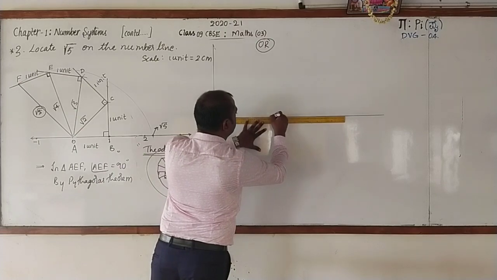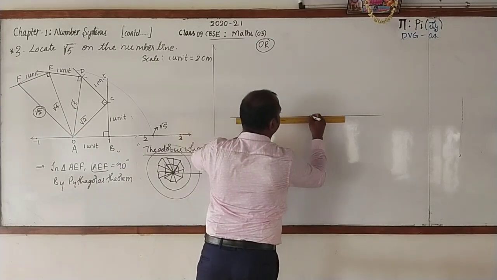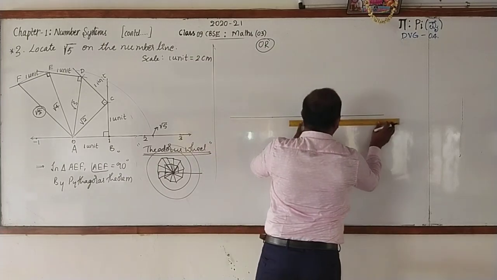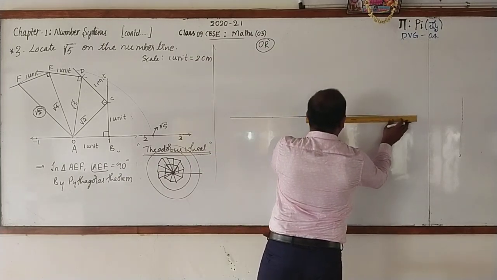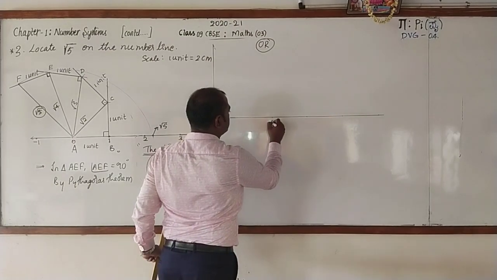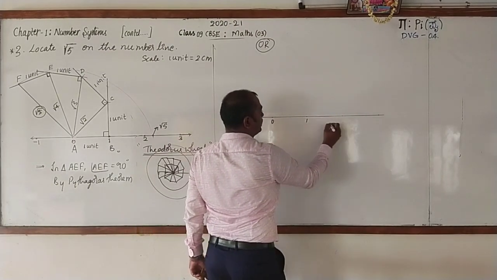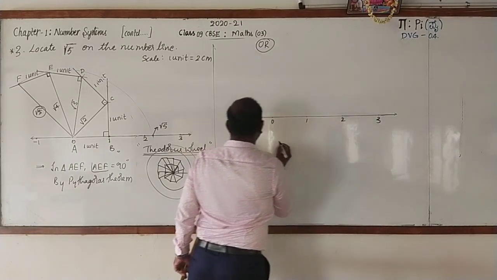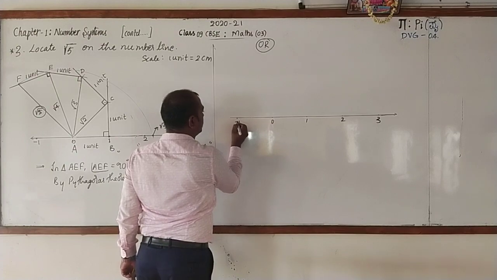See, 2 centimeter, 2 centimeter, 2 centimeter. Again, I go for one more unit, 2 centimeter. You call it as 0. On right side of 0 are positive, 1, 2, 3, and so on. Then left side are negative, -1.